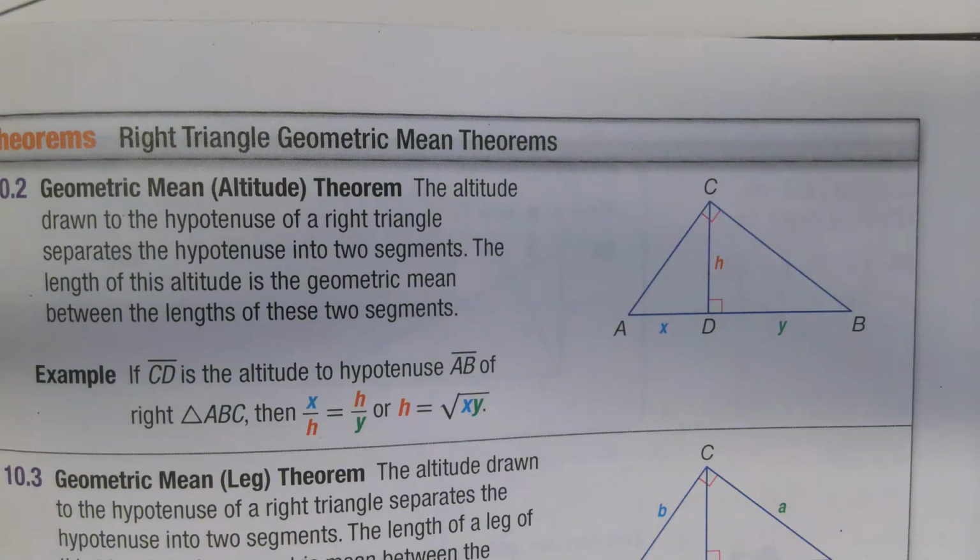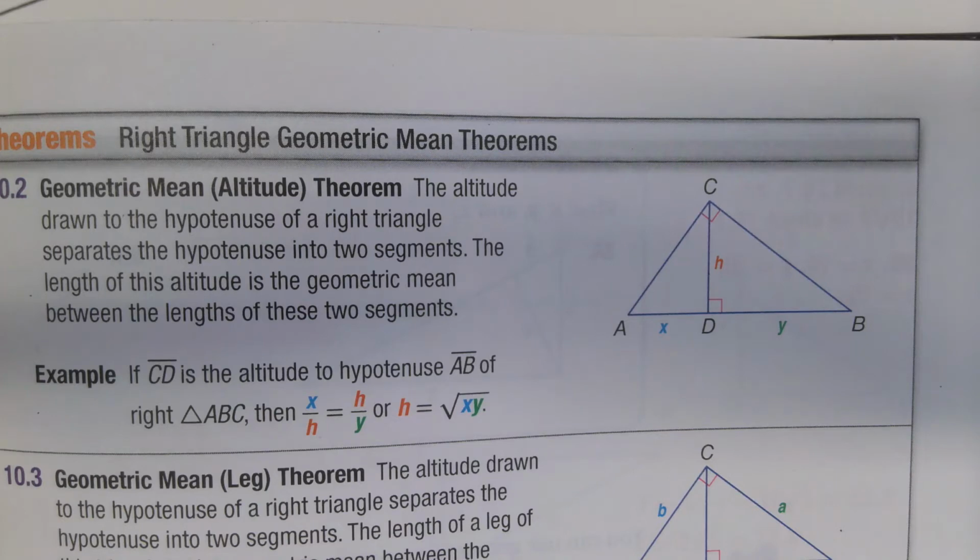I'm going to draw just a couple different kinds of altitudes over here so you guys can kind of see them. That's an altitude. That's an altitude. What's another one that would look real weird? So we're only dealing with right triangles.